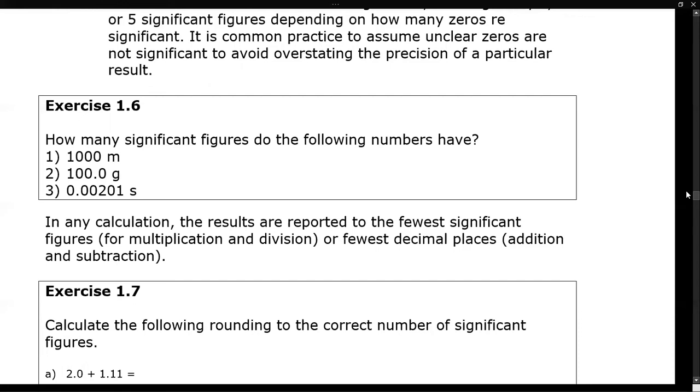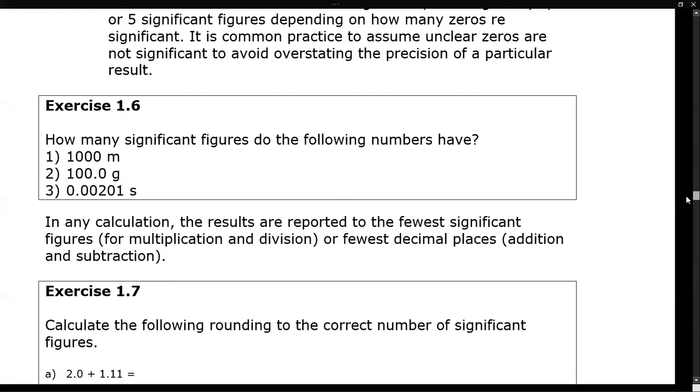If you got 100.0 grams, now I've got a trailing 0 showing precision, so all of those are significant, and we consider that to be a number with 4 significant figures. 0.00201. That 0 between the 2 and the 1 is significant, but the leading zeros are not, so it would have 3 significant figures.